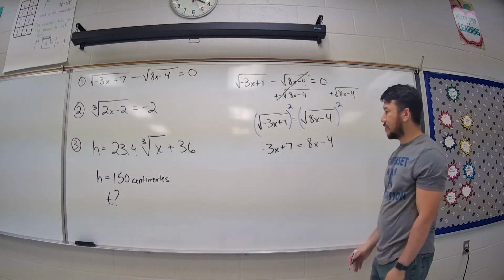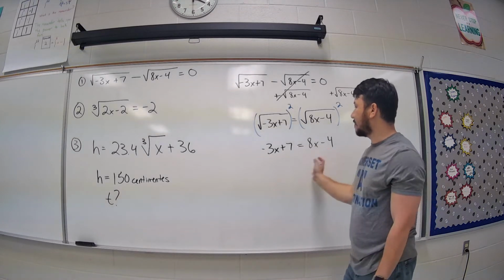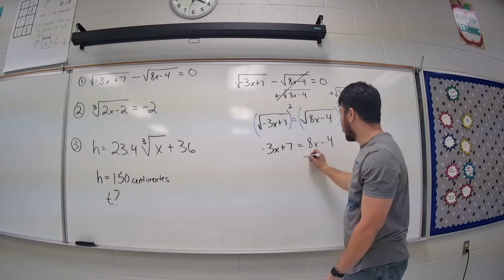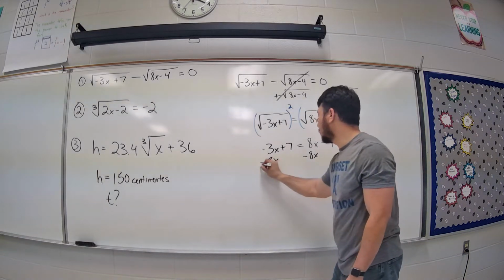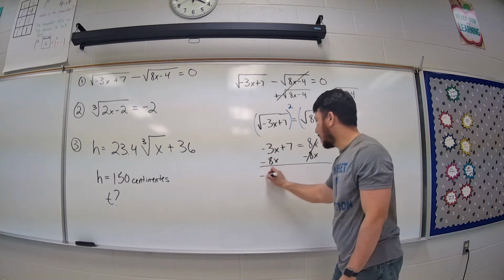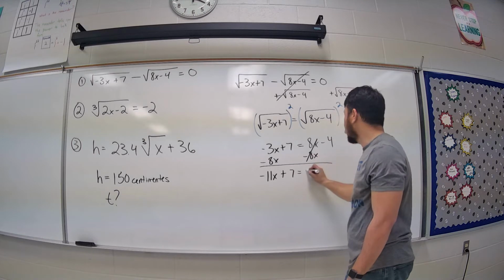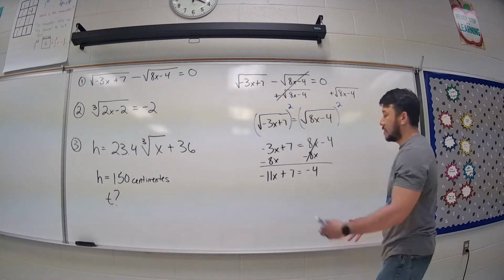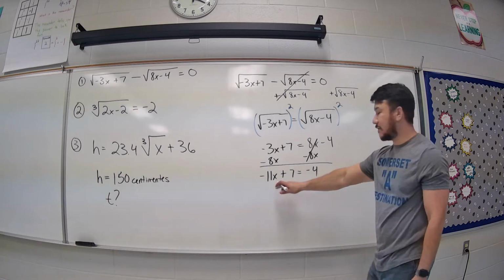So now we have a simple equation, variables on both sides. Now we go ahead and solve. I like to put my x's on the left, so I kind of stick with that notion of just moving those over here first. Negative 3x, negative 8x, and I have negative 11x. Bring down my 7, bring down my negative 4. So now I want to move that constant away from this x so I can get this by itself.